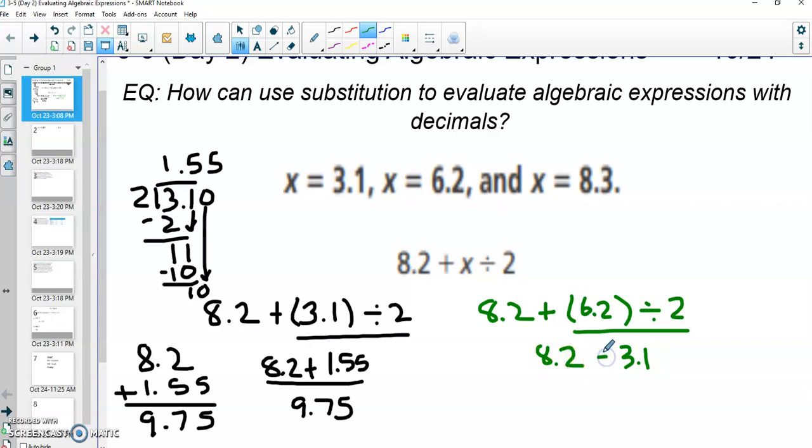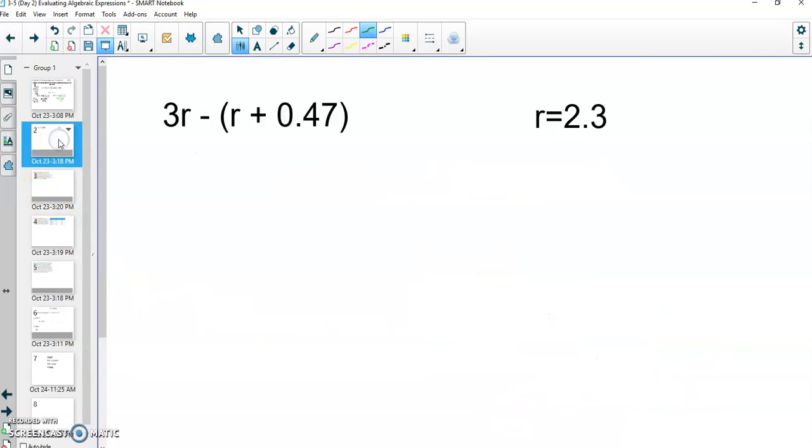So 8 2/10 plus 3 1/10. If I add that together, I get 11 3/10. Okay, so 11 3/10 is what you should get for this problem. Let's go ahead and move to another one.